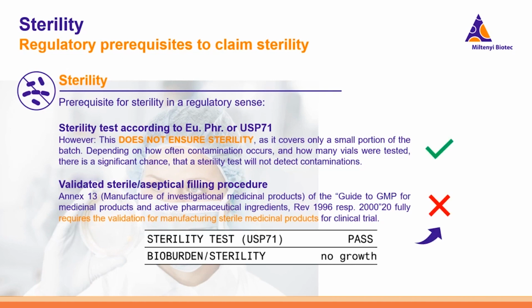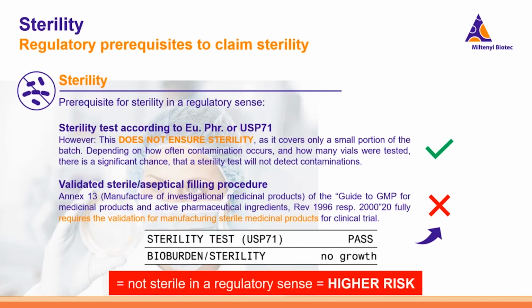It means that the sterility test most likely has been passed, but that there is no validated aseptic filling procedure available for this product. So these products would not be sterile in a regulatory sense, and this would of course incur a higher risk for your cellular product as well.